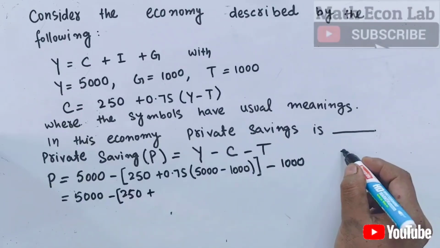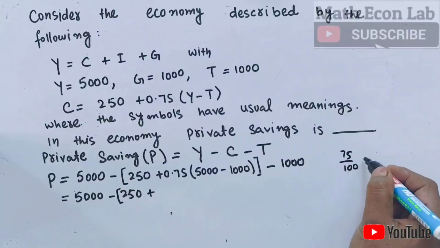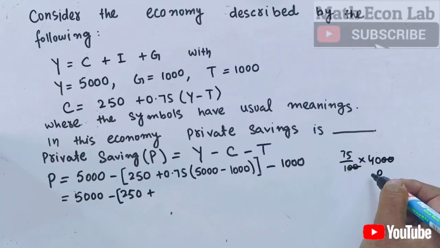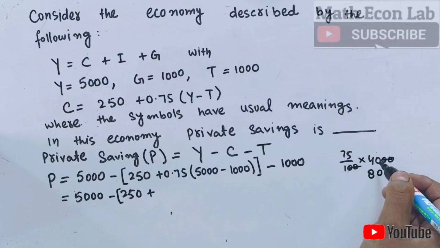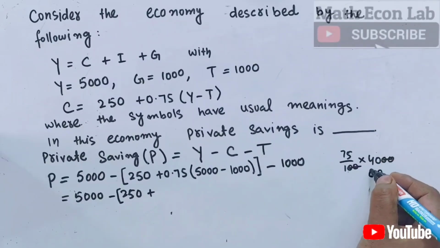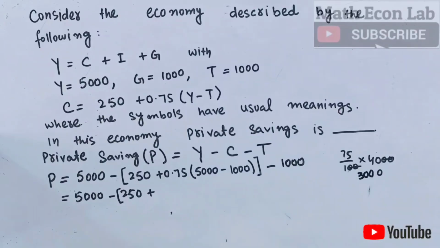Now 0.75 is 75 upon 100 into 4,000, so this gets cancelled, and 4 fives are 20, 4 sevens are 28, 29, 30, so we get here 3,000.